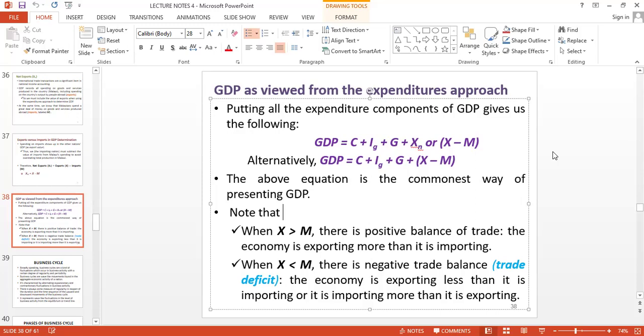So your GDP can be growing because your I is growing, or your C is growing, or your G is growing, or all of them are growing, or your X minus M is growing. GDP growth is what gives us economic growth.